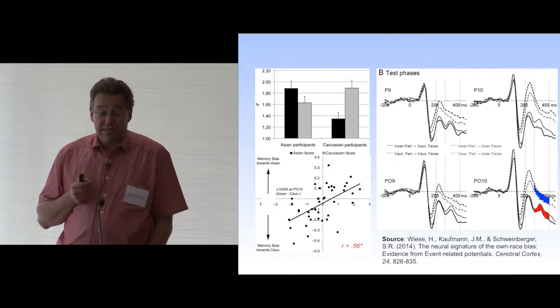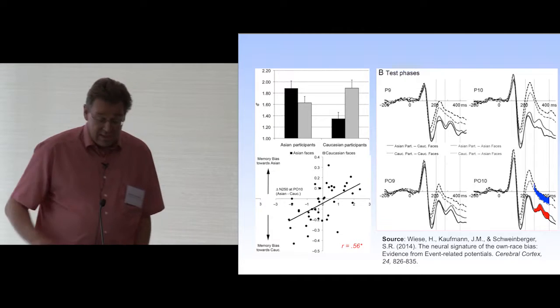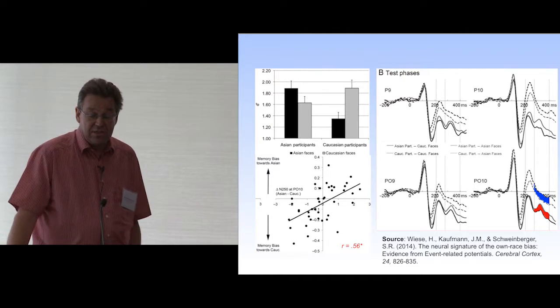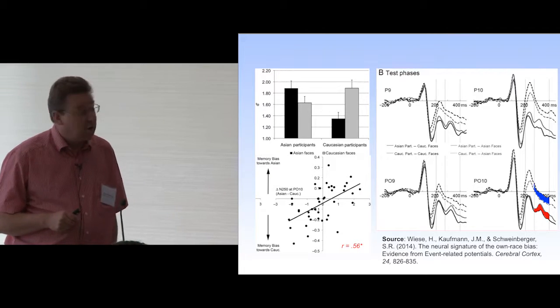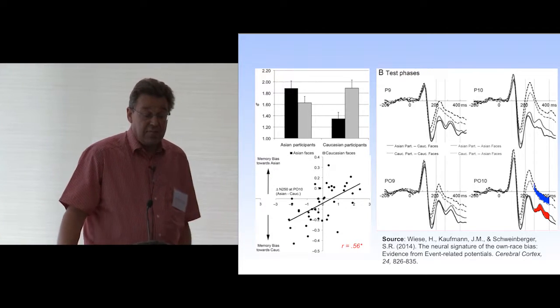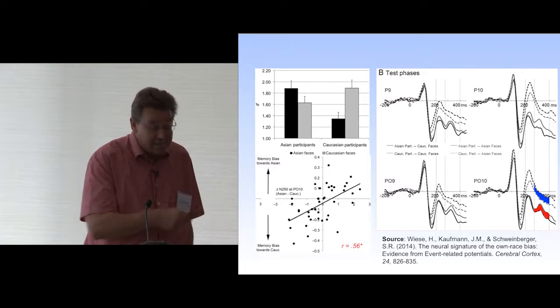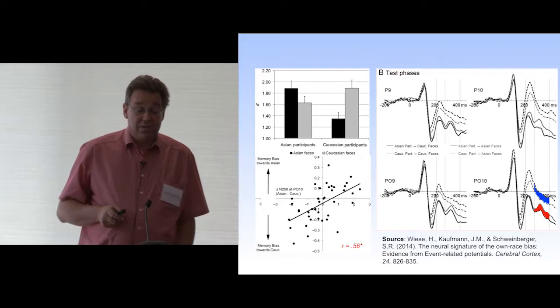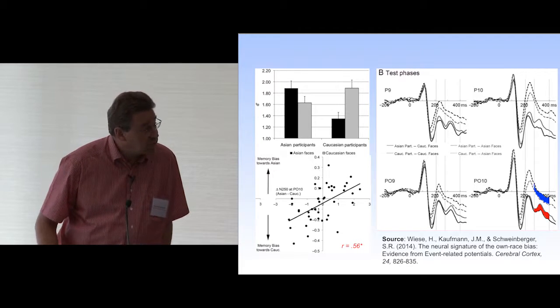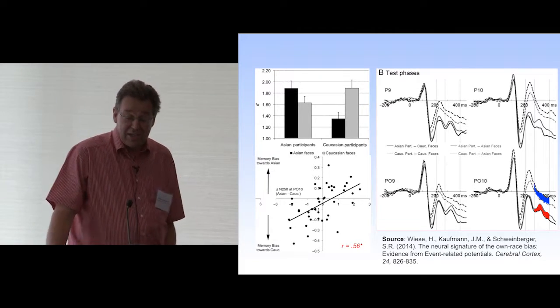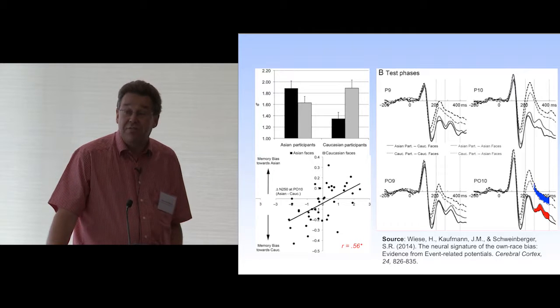Now look at the differences in the N250 time range according to race. Asian observers show more posterior ERP negativity, that's what I've highlighted in blue here, to Caucasian than to Asian faces. Whereas Caucasian observers, highlighted in red, show exactly the opposite finding.